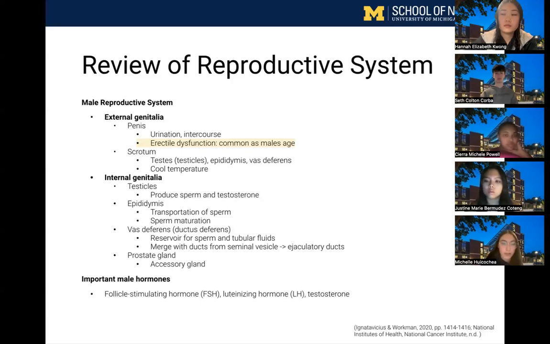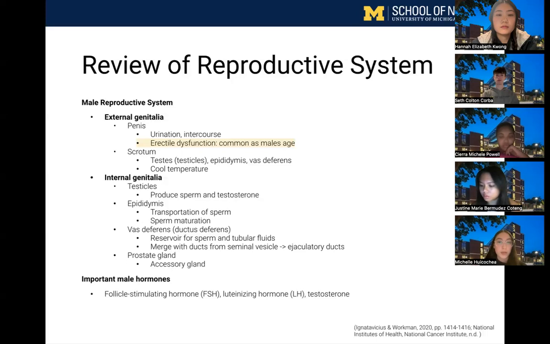As we said before, the testicles are where sperm and testosterone are produced, and they're found inside the scrotum. The epididymis serves as a transportation site for sperm from the testicles to the urethra, and it's also where the sperm mature. The vas deferens are 2 muscular tubes, and the end of each one serves as a reservoir for sperm and tubular fluids.